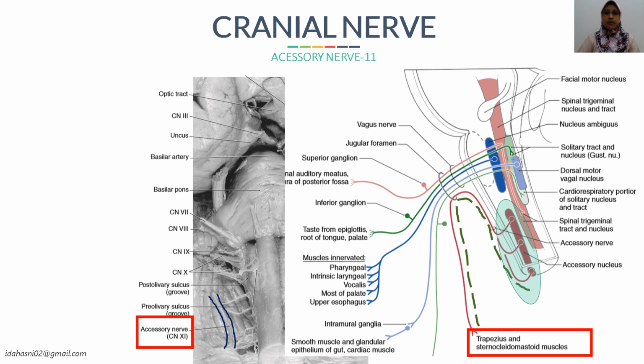But studies have shown that the somatic efferent motor neurons of this nerve that innervate the sternocleidomastoid and trapezius muscles are located in the cervical cord only, and these muscles are not innervated by motor neurons located in the medulla. The accessory nerve originates from motor neurons in the cervical spinal cord, extending from cervical 1 to cervical 6.